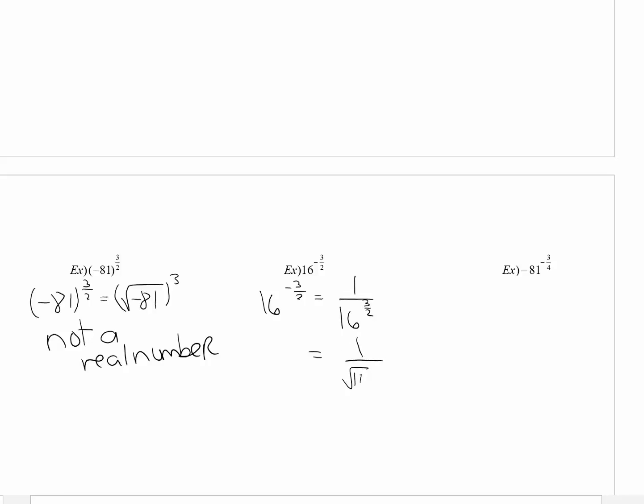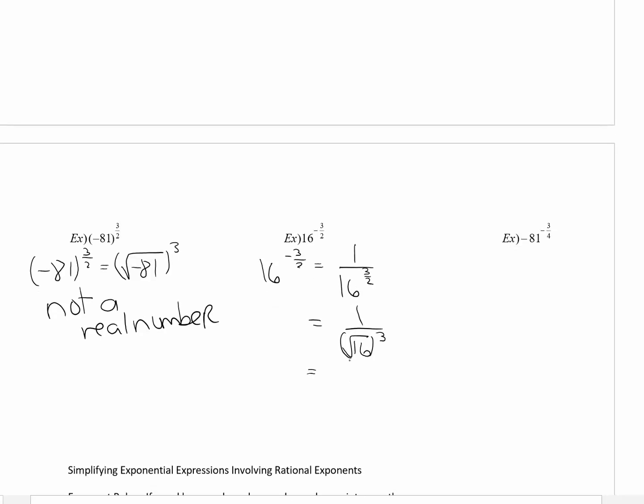That means that's the square root of 16 taken to the 3rd power. Well, the square root of 16 is 4, and 4 cubed is 64. So notice again, with a negative exponent power, my answer is a fraction, not necessarily a negative number.